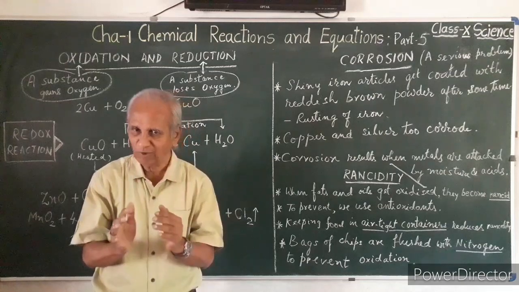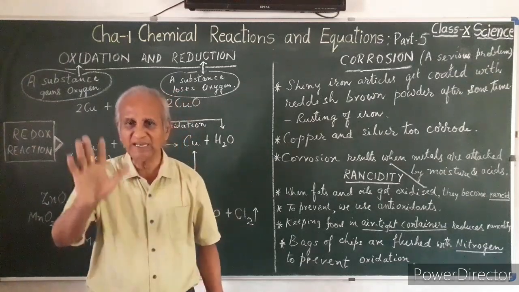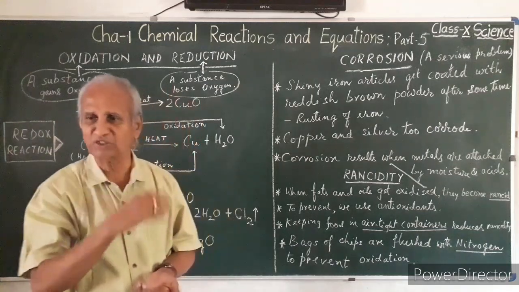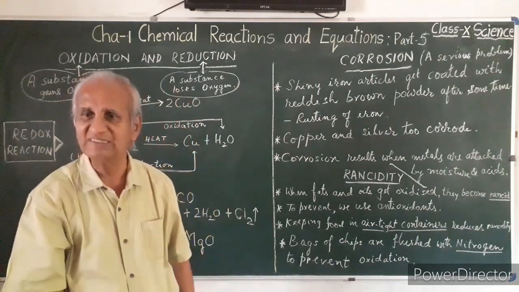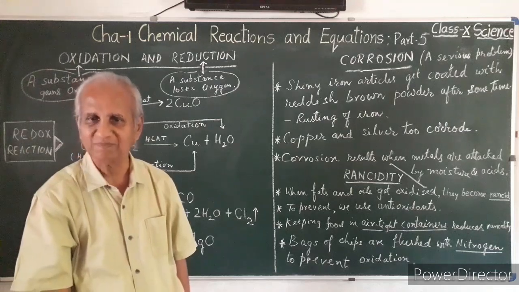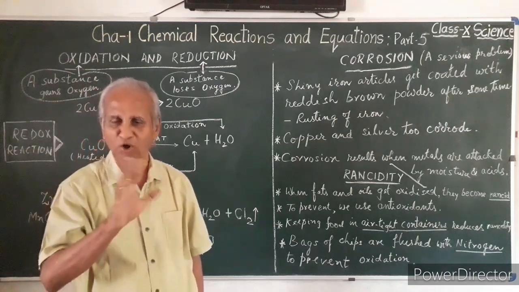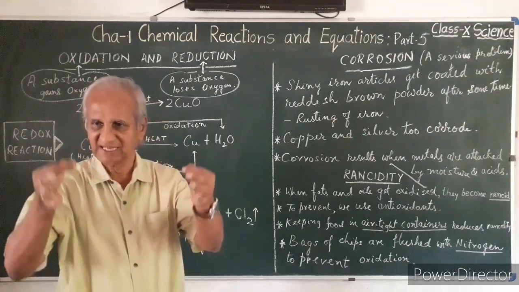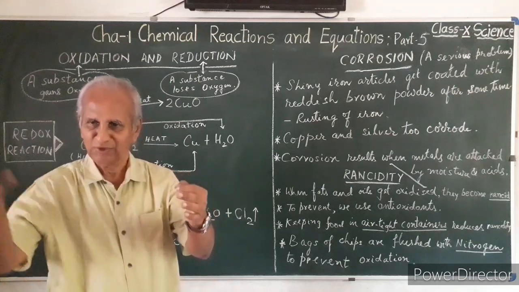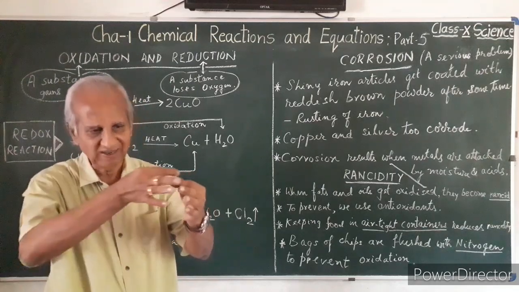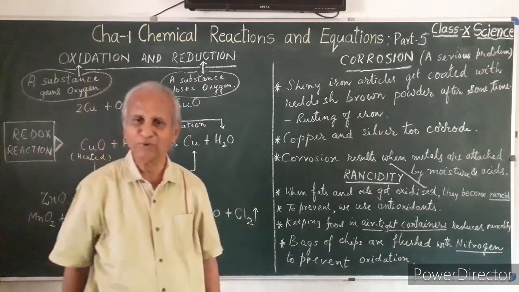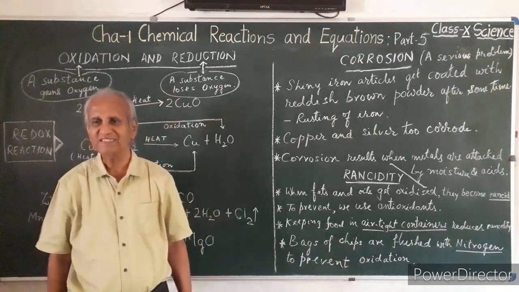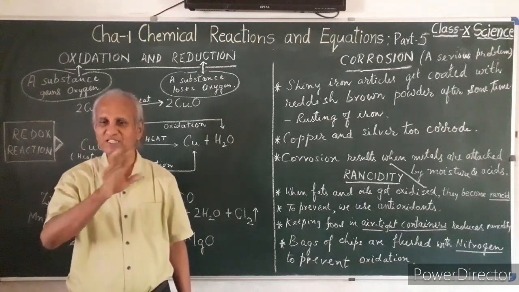Other than chips, what you have inside the packet is only nitrogen. Nitrogen is not at all helpful in oxidation. For oxidation, which is the gas we require? Oxygen. There is no oxygen, all the air is removed from the packet, that plastic or polythene packet. You have filled it with nitrogen and have got it sealed. Now you can keep the items even for 6 months. Chips will not get spoiled.